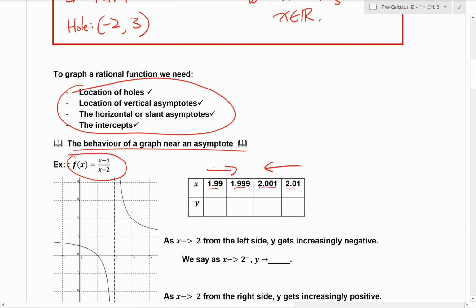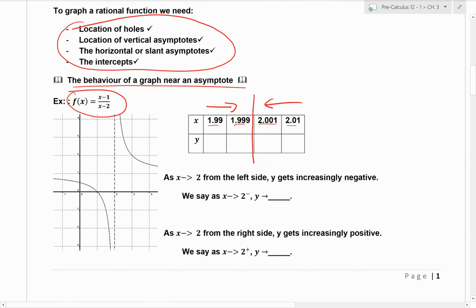So 1.99 is close to 2, but 1.999 is even closer. 2.01 is close to 2, but 2.001 is even closer. So these two, we're looking from the left side, and these two, we're looking from the right-hand side. And if you keep reading here, it says as x goes to 2, that's the arrow, as x goes to 2 from the left side. So we're looking at these two from the left-hand side.